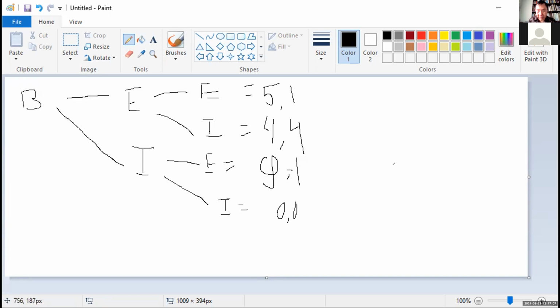This is the Big plays first, right? Then if Big plays first, the small will select what? Select the second value. In this case, you will select the red one. So Big will select 4, 4, right? EI.